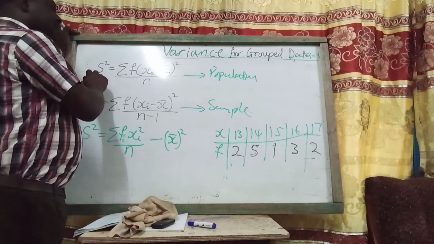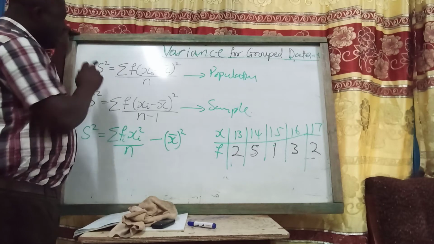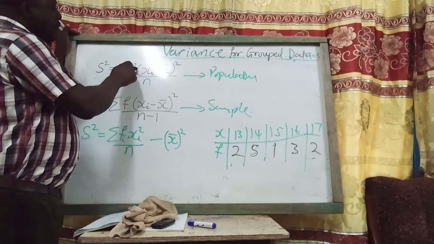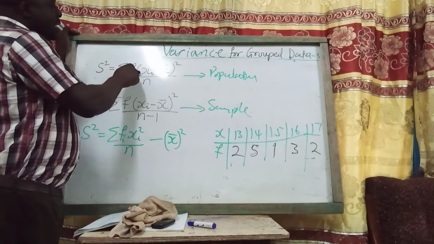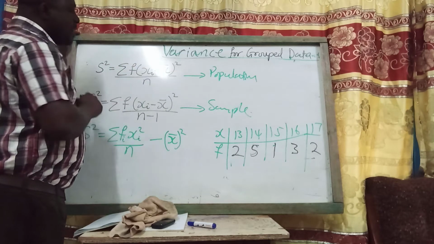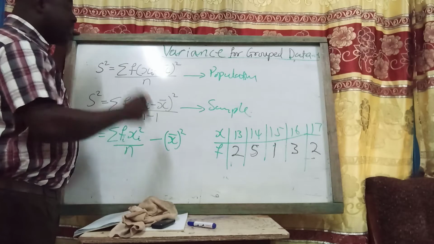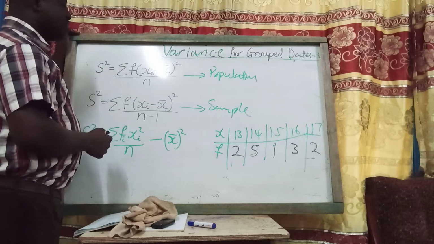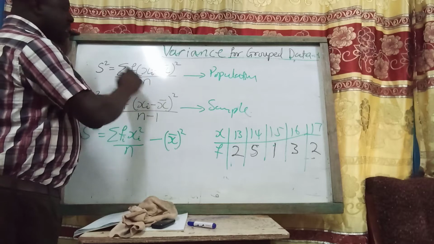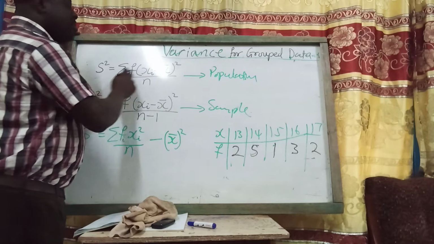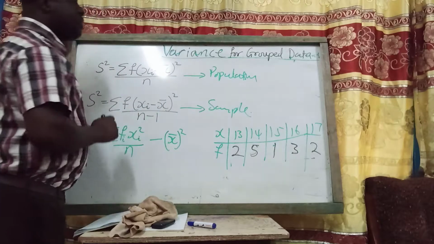the formula for finding the variance is given as summation f multiplying the square of the difference of each entry and the mean, divided by the total number of elements when we are dealing with population variance.